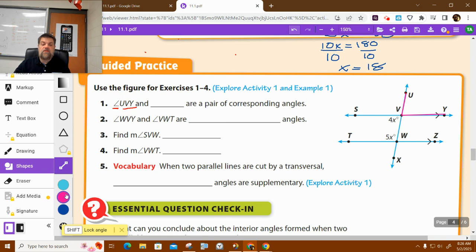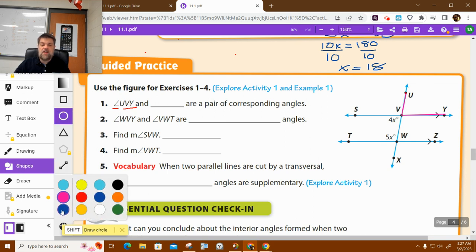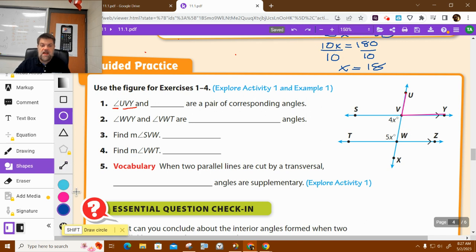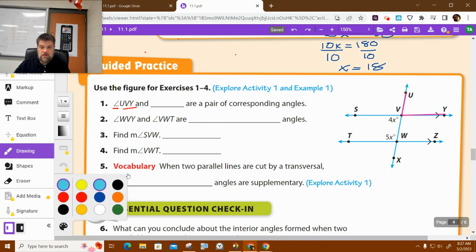Now, if you think of this like a circle, I bet the corresponding angle that they want would be this section right here. In other words, if I'm focusing on this angle here, what angle corresponds to that? Well, this one here.